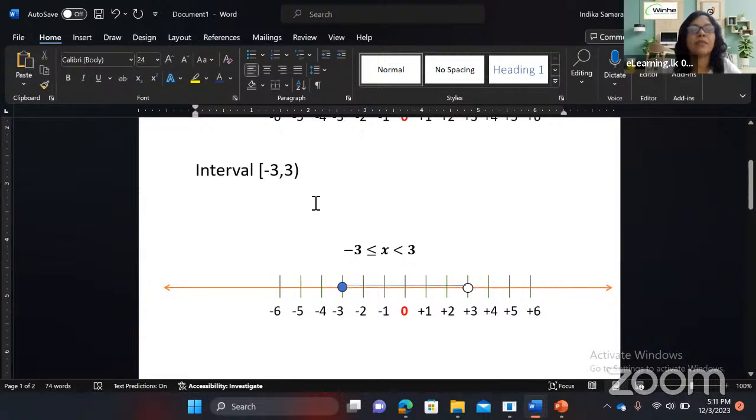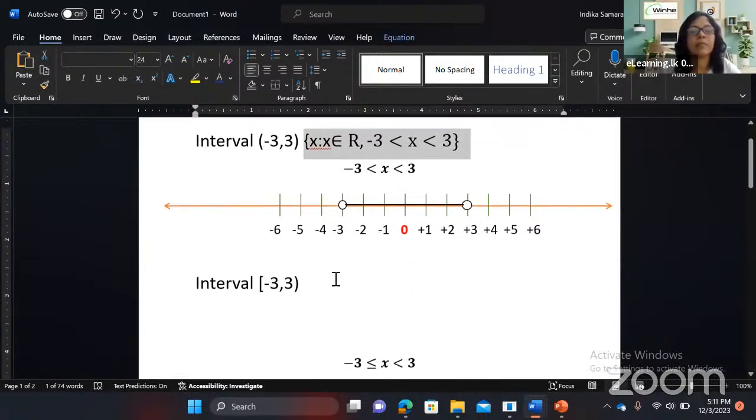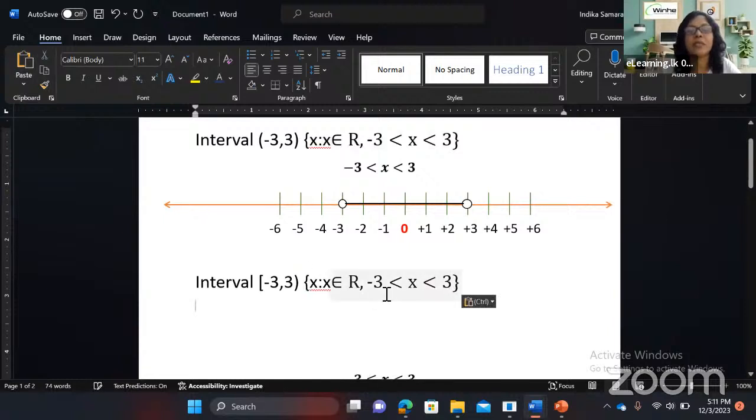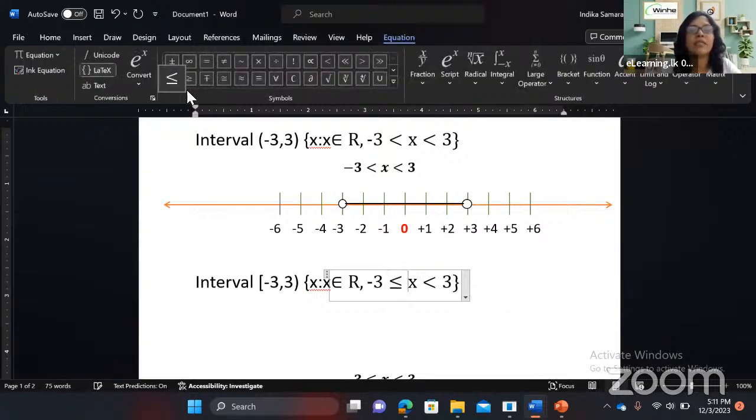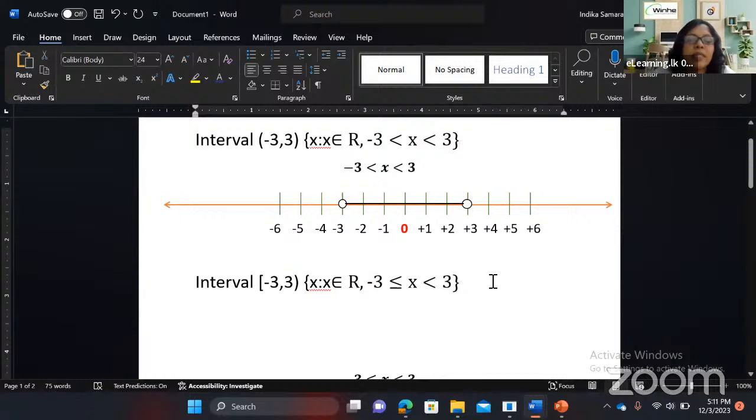I'm asking about this one. Then you can write it like this, and instead of this one you can include the equal sign. Why is that? The first opening value is closed, but the closing value is open, right?